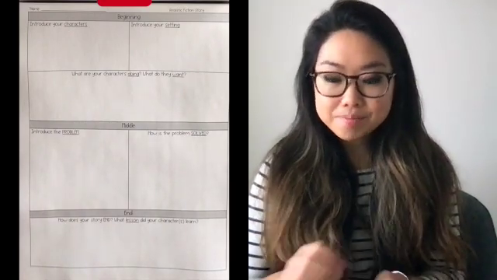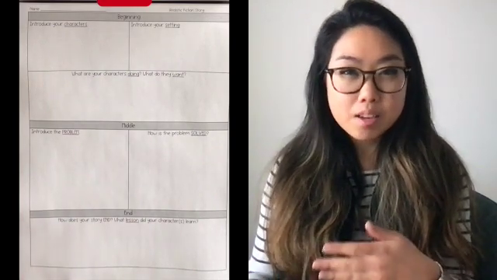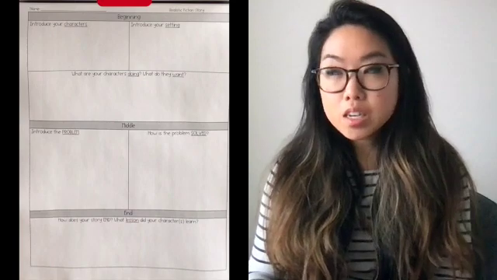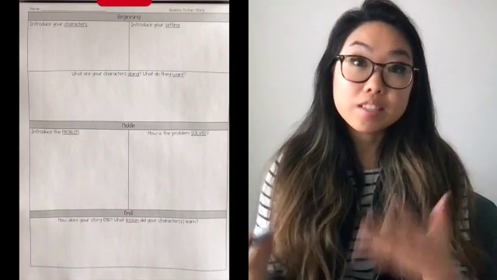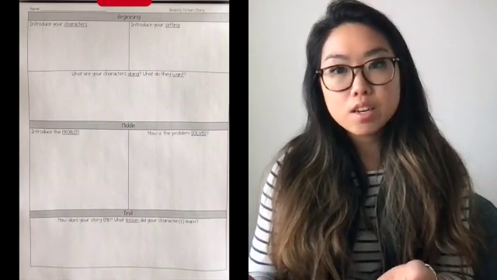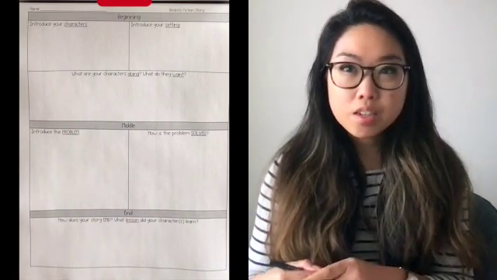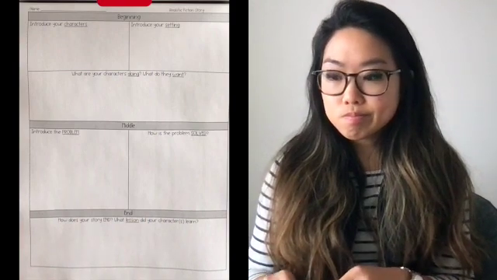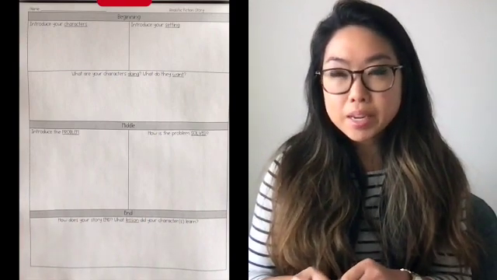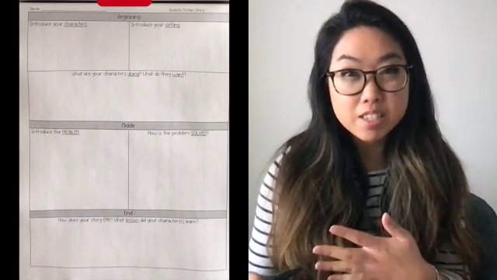Let's get started. The first thing that I want to do with my story map is think about who's going to be in my story. Because I want to make sure that this is a realistic fiction story, I'm going to think, what could a problem be, and who could have that problem? So, if I'm introducing my characters, one story that I could write about is about a brother and sister.